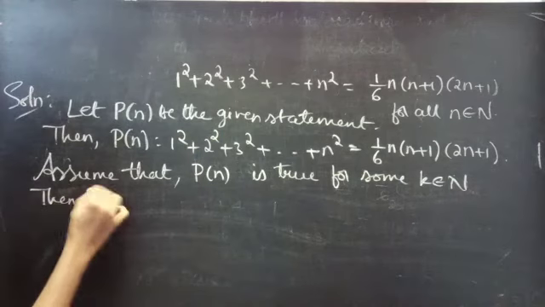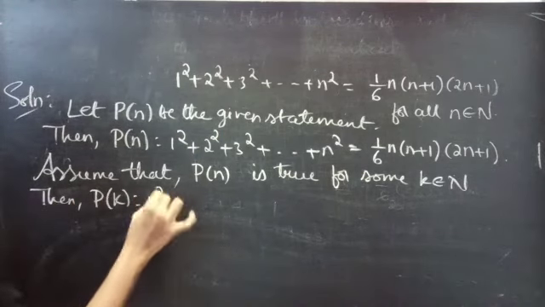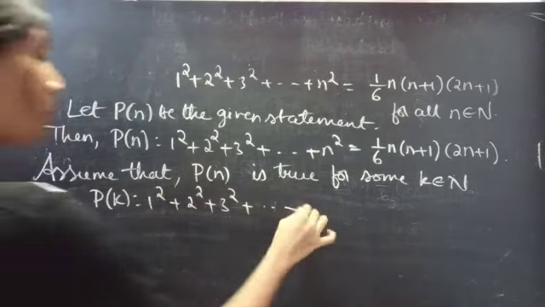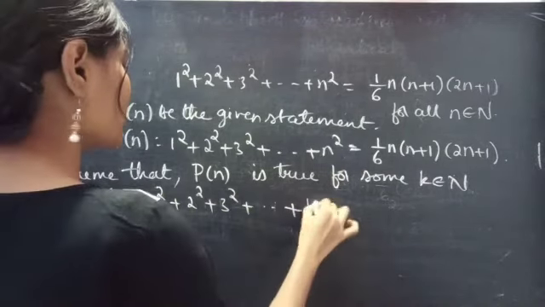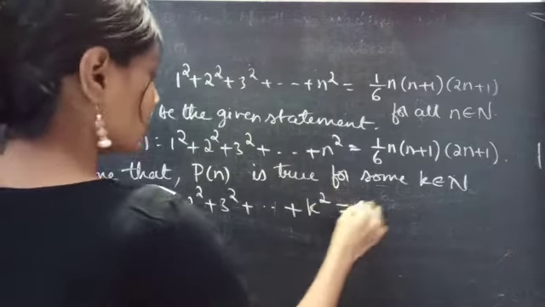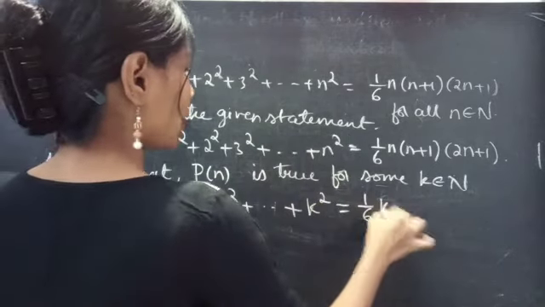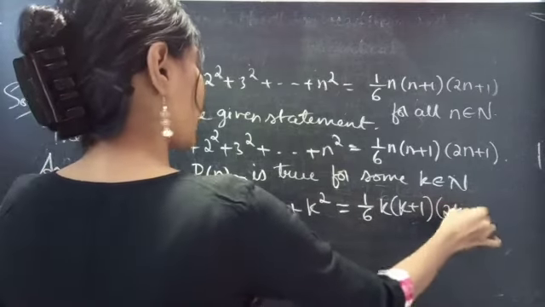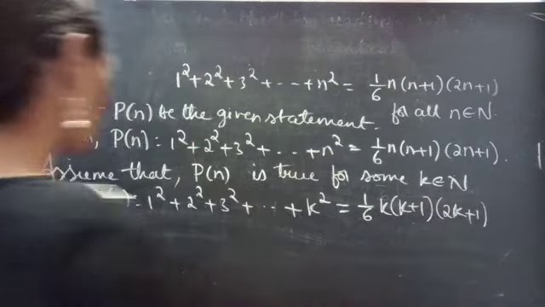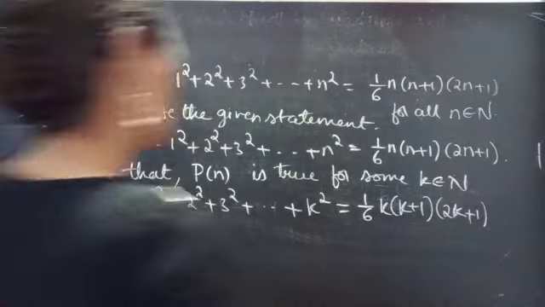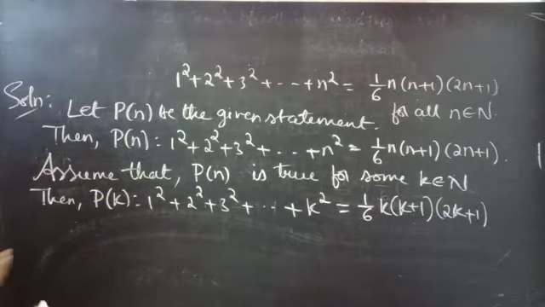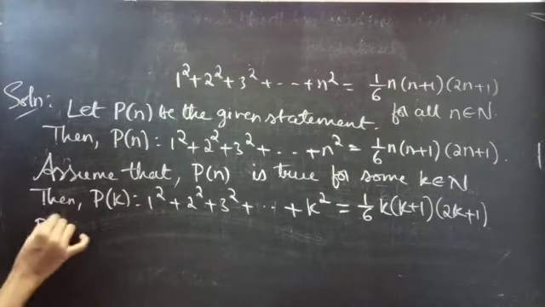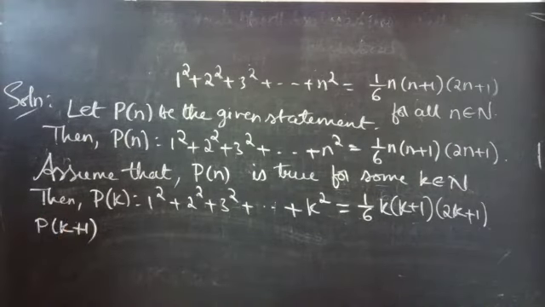Then P of k is such that the first term, second term, plus third term, plus so on, plus the kth term, which we get by substituting n equals k, equals 1 by 6 into k into k plus 1 into 2k plus 1. The sum of k terms equals RHS. Since P of k is true, using this we can show that P of k plus 1 is true.